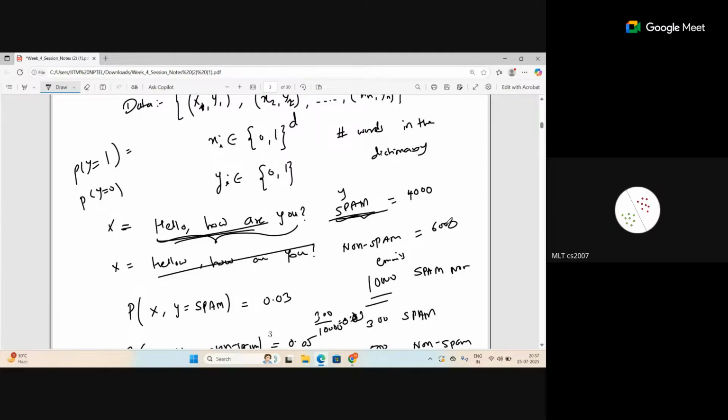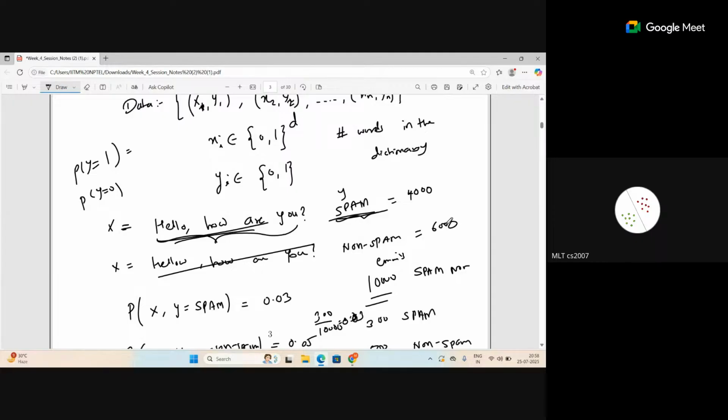Because all the emails will either be spam emails or non-spam emails, the probability of y equal to 0 plus the probability of y equal to 1 should be equal to 1.